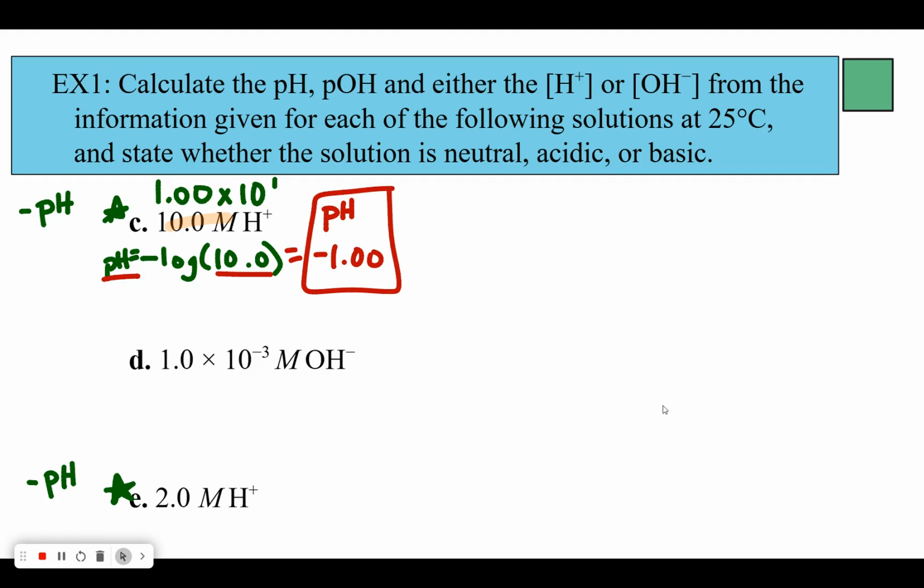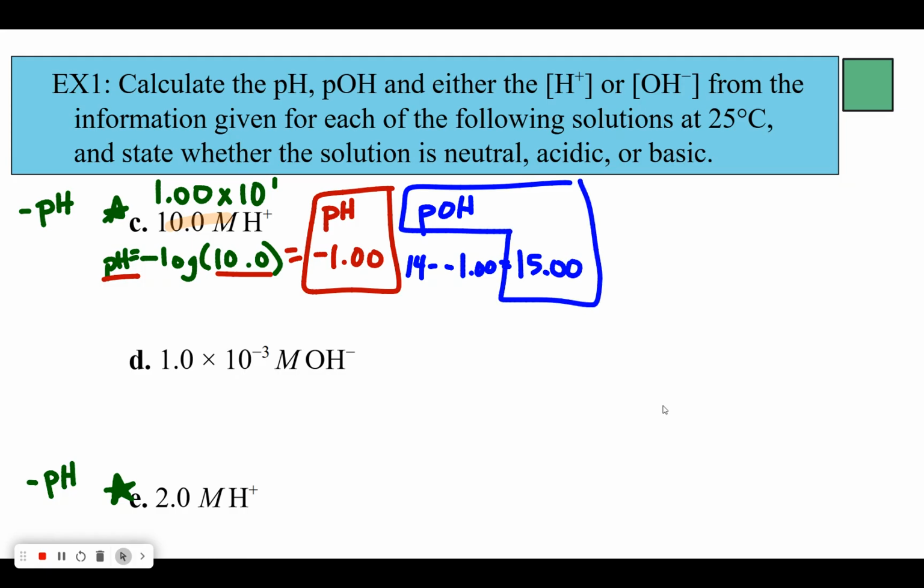And now I'm going to subtract from 14 to find my pOH. So 14 minus negative 1 is going to be like 14 plus 1, which means we're going off scale in this direction as well. And remember, we keep the decimal places of our original measurement when we do the subtraction, which means I'm keeping 2 decimal places here, making our pOH 15.00.